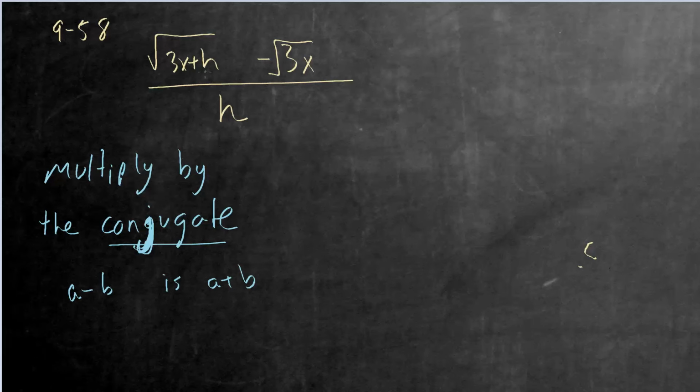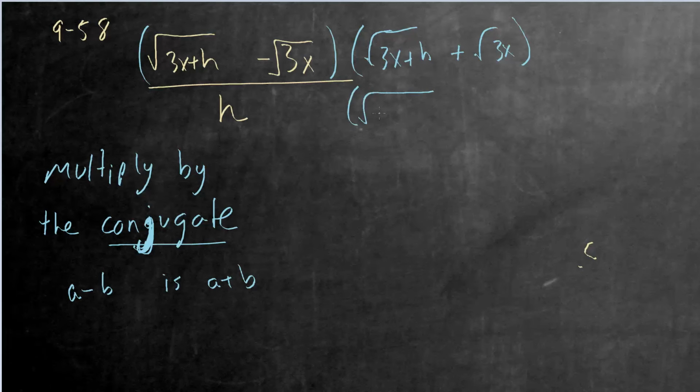The conjugate of the square root of 3x plus h minus the square root of 3x is the square root of 3x plus h plus the square root of 3x. In order to multiply by the top, we also have to multiply it by it in the denominator. You can't just do one or the other.